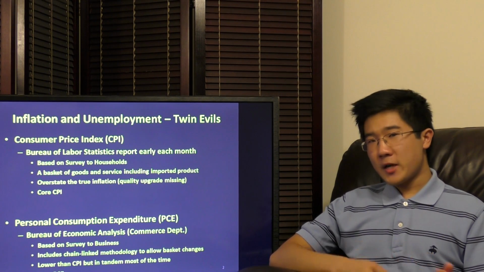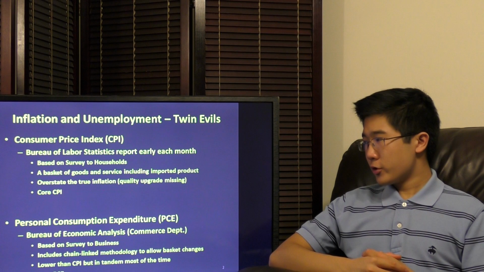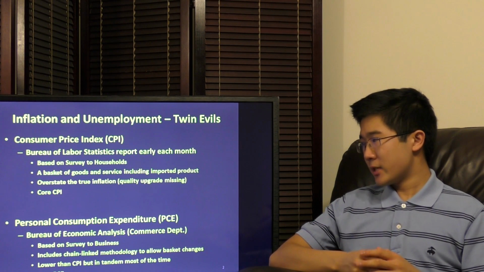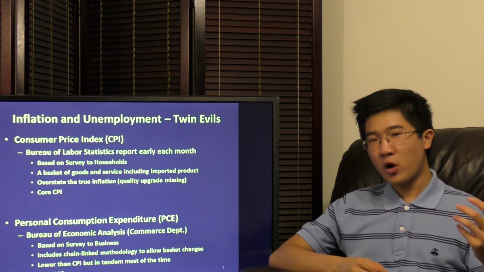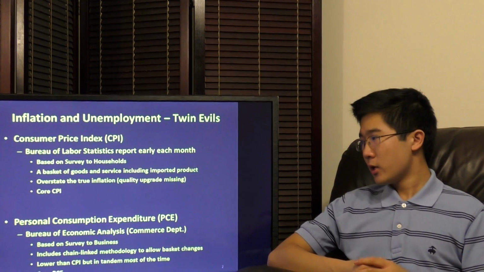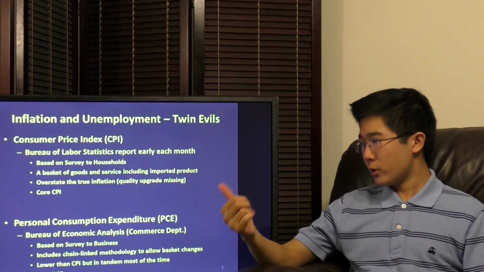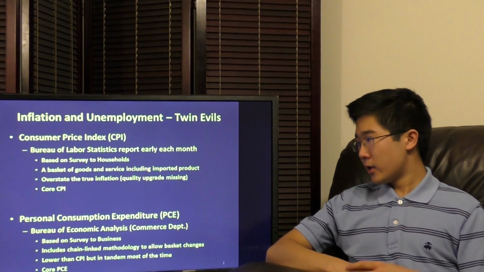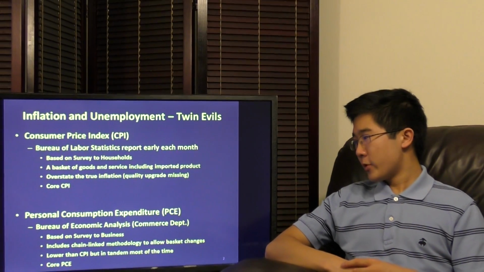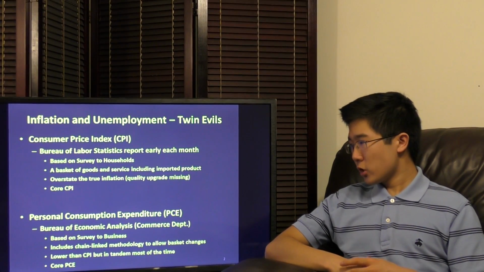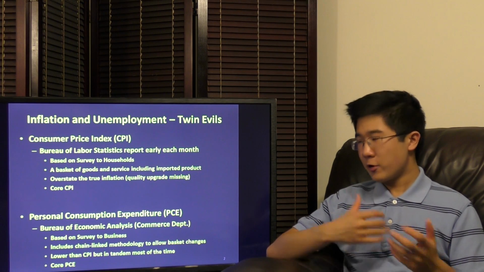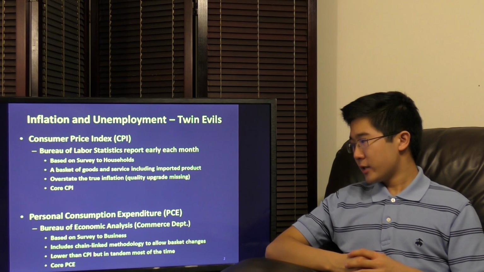Of course, on the other side of the spectrum, from the producer's point of view, there is the personal consumption expenditure, or the PCE, which we have also talked about in a previous video. This is measured by the Bureau of Economic Analysis, which also measures GDP every quarter, in the Commerce Department. The BEA has a survey to businesses instead of households, and it includes a chain link methodology.